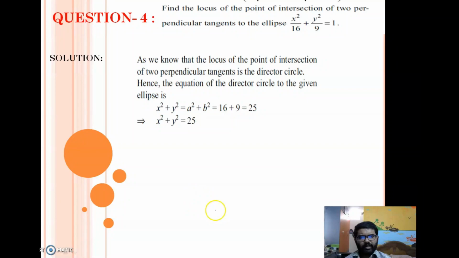The equation of the director circle to the ellipse x square by a square plus y square by b square is equal to 1 is x square plus y square is equal to a square plus b square. Here a square is 16 and b square is 9. You substitute there, then we'll get x square plus y square is equal to 25.